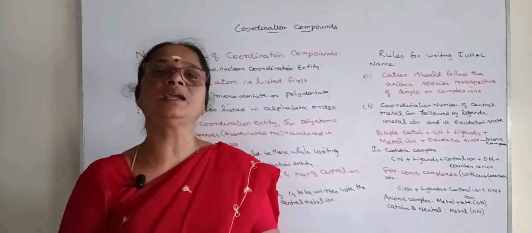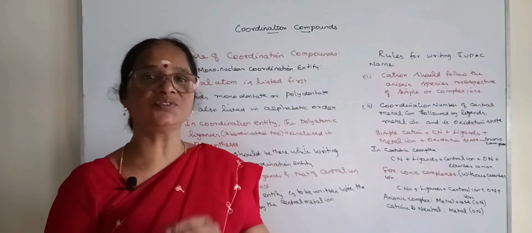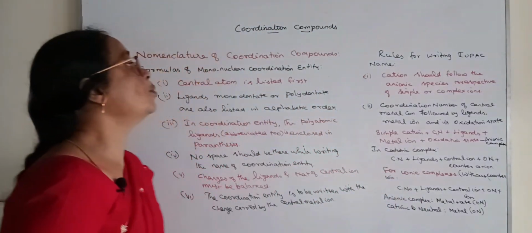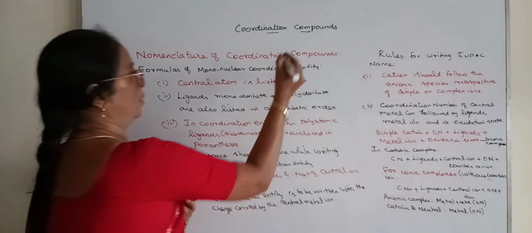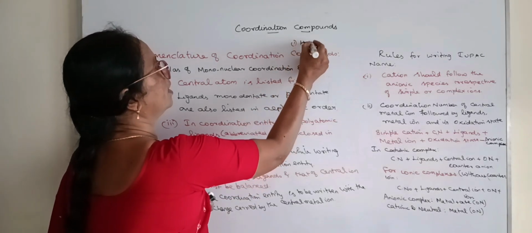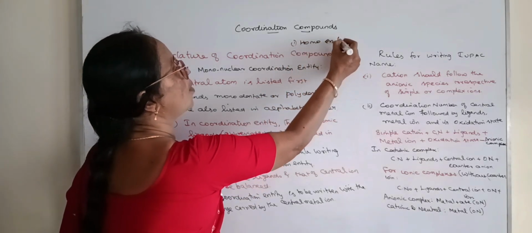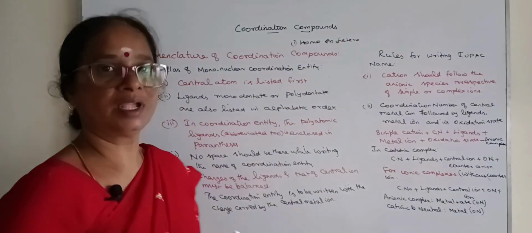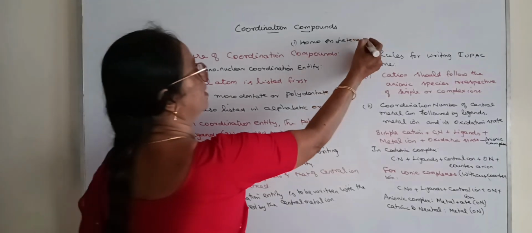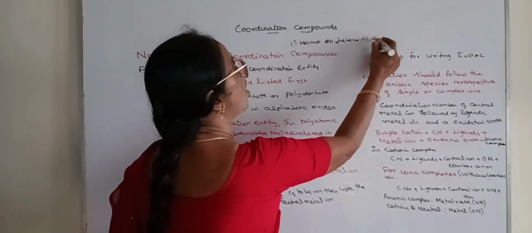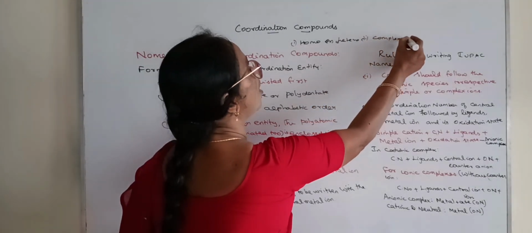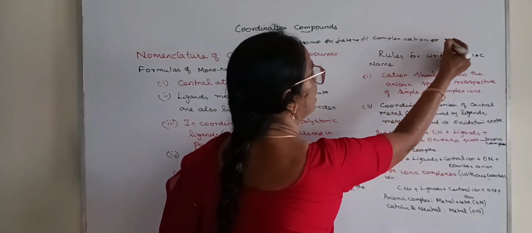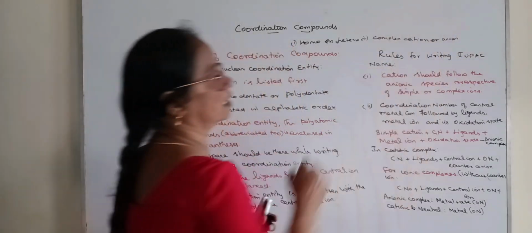While naming complex compounds, first of all we have to identify whether the complex is homoleptic or heteroleptic. Second, you should identify whether it is a complex cation or complex anion.